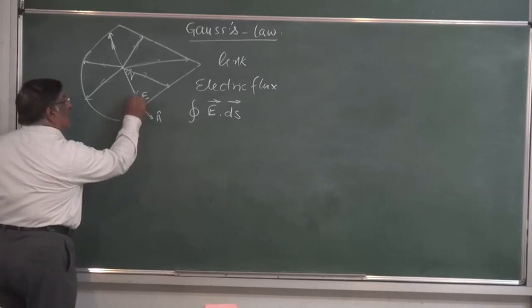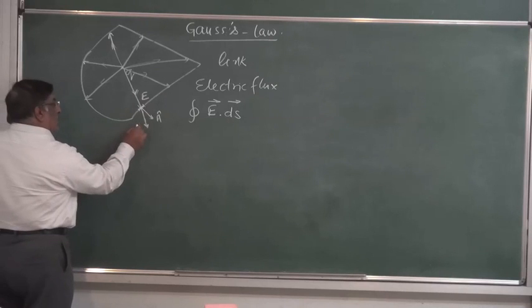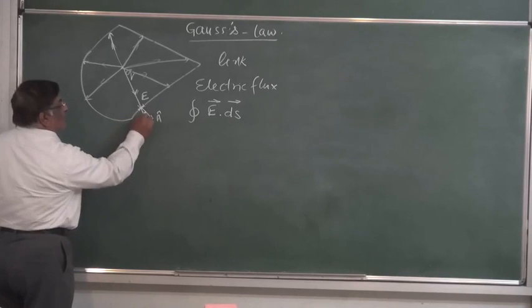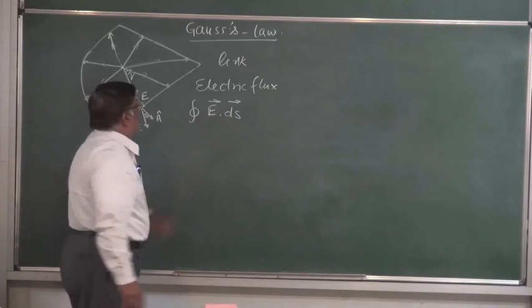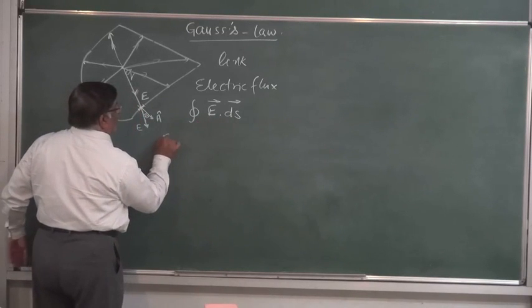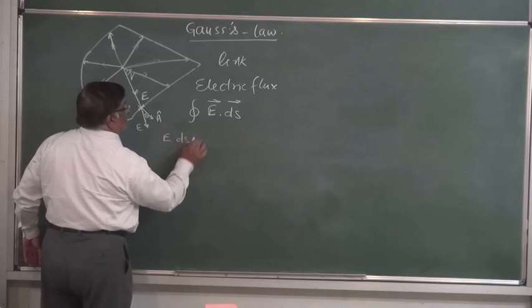This is the electric field vector and this is the area vector, with angle theta between them, so E·dS has magnitude E dS cos theta.